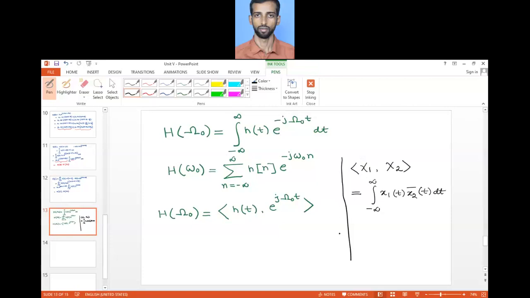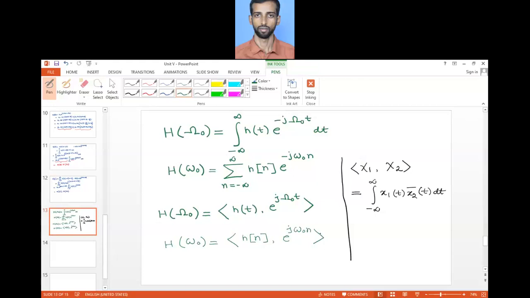So here also, H of omega naught is the inner product between h of t and e to the power j omega naught t. Similarly, in the discrete time case, H of small omega naught is the inner product between h of n and e to the power j omega naught n. That's it.